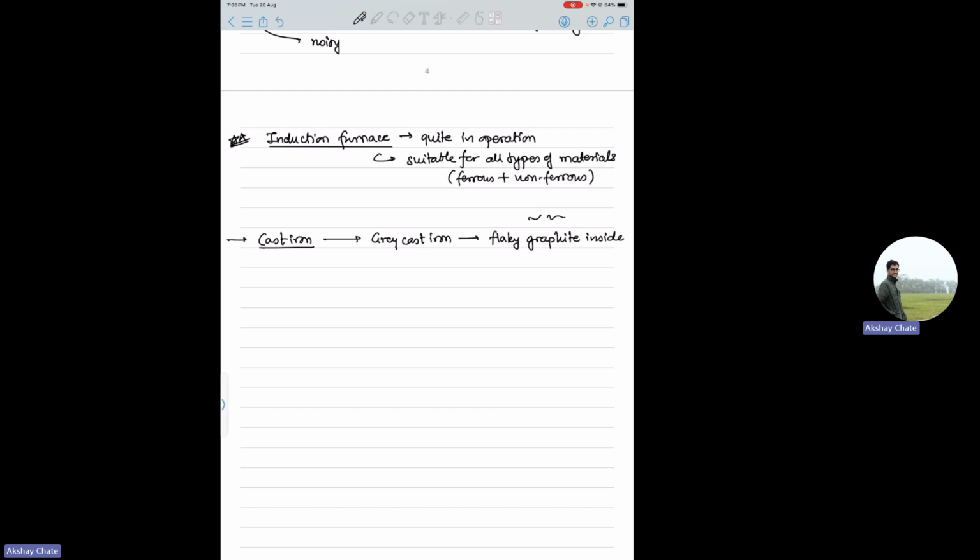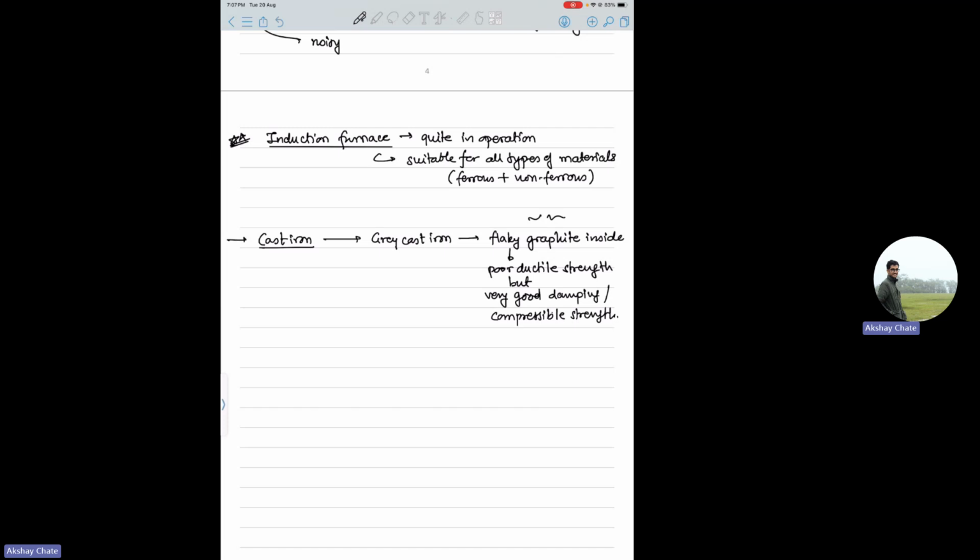It's flakes, and therefore it has poor ductile strength, or ductility as sometimes they call it, but very good damping and compressive strength. If you have seen lathe machines, sometimes the bottom is made of grey cast iron because it is a very good damper. Its compressive strength is very good but the ductile strength is poor.